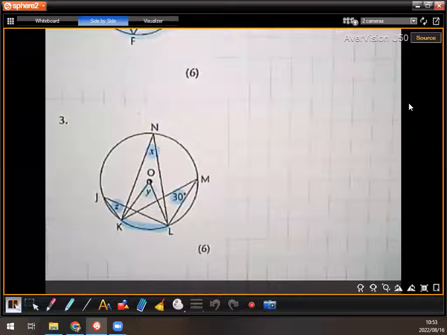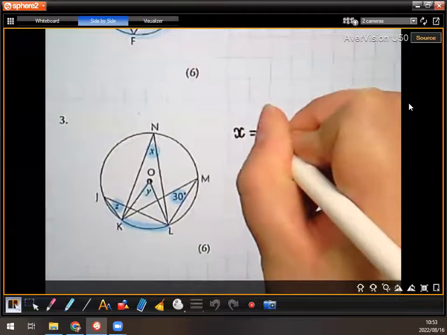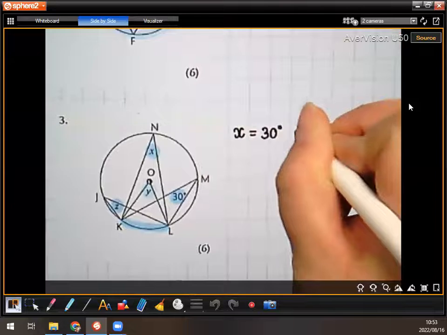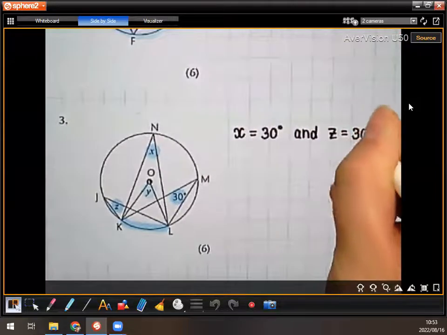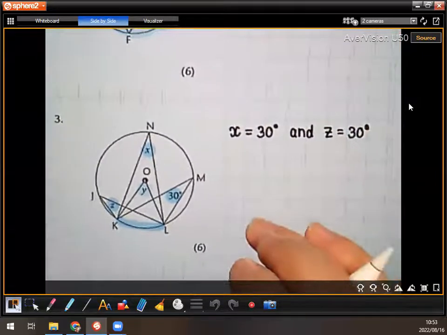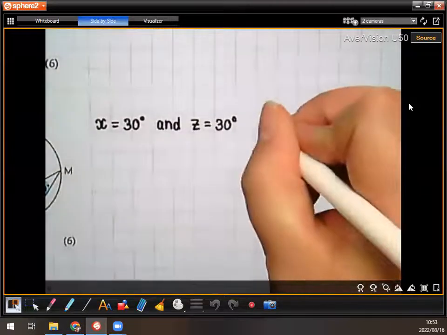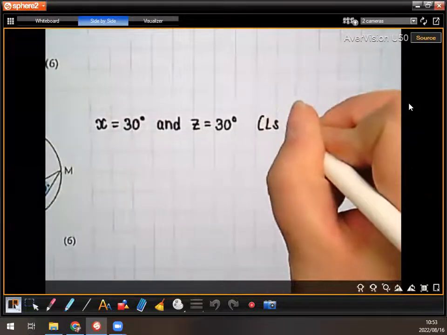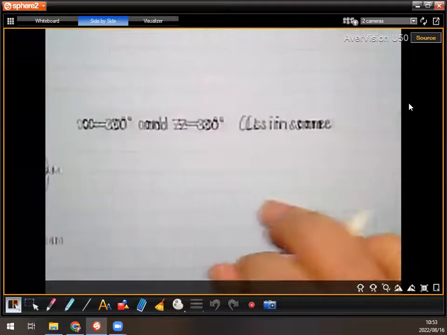Okay, so let's write that all down. I'm going to write here X is 30 and Z is 30 degrees. If you notice that you're going to use the same reason for two of them, you can write it all in one line and then say angles in same segment.